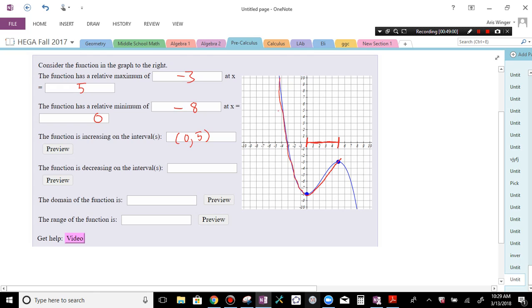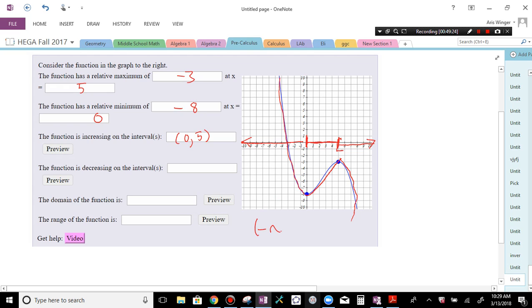Right, and so that looks like it is coming from all the way back here, all the way up until this point here, and then it starts decreasing from this point onward, right?